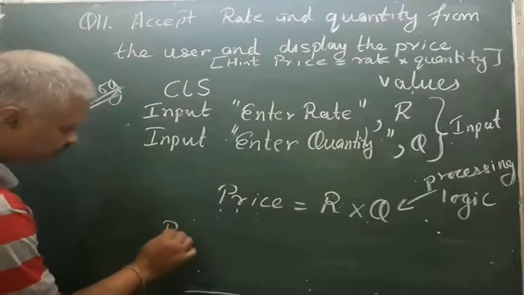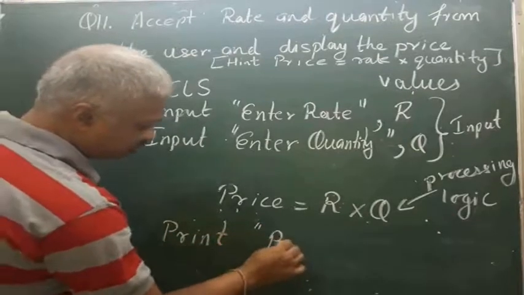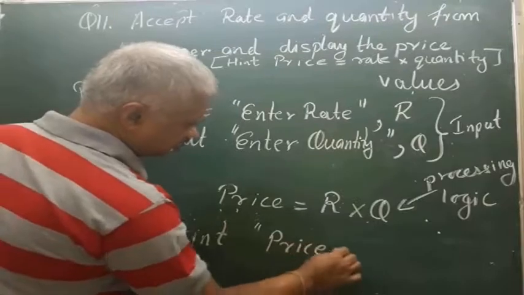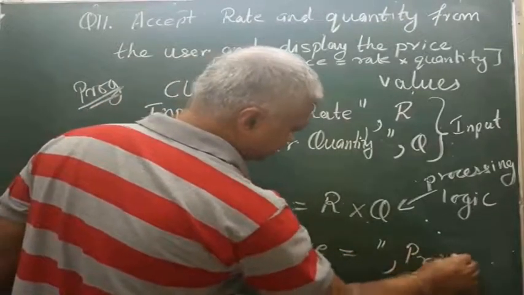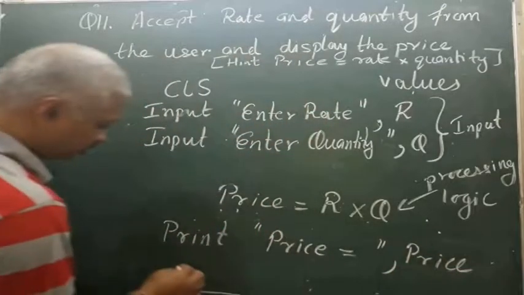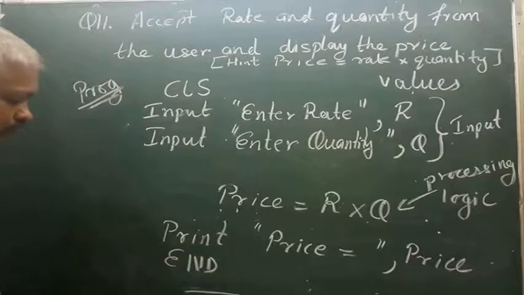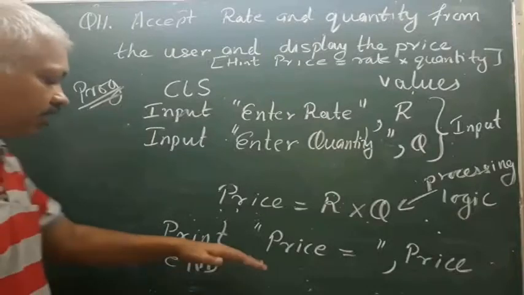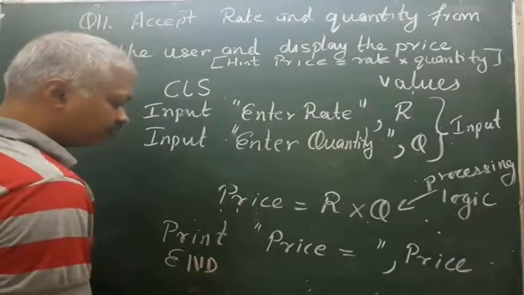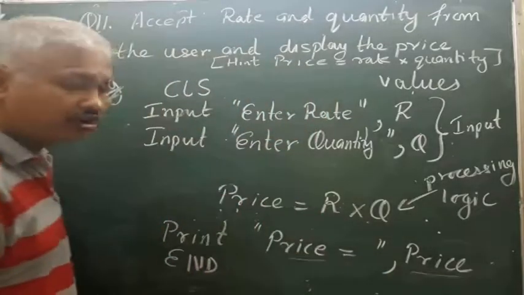So we'll write here print "price is equal to", price, END. So dear students, here don't get confused with the price written here and the price written here.